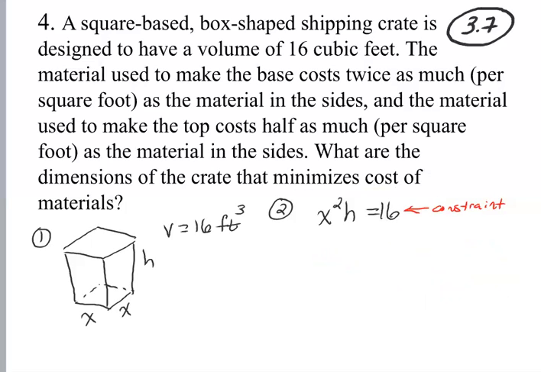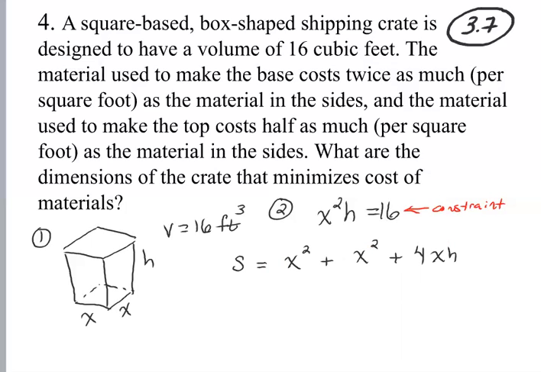Okay, let's do that. The surface area, which I'm going to call S, is equal to the area of the top, x squared, plus the area of the bottom, also x squared, plus the area of the sides. One side is x times h, and there are 4 sides.